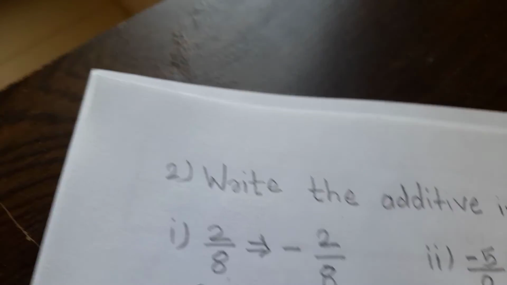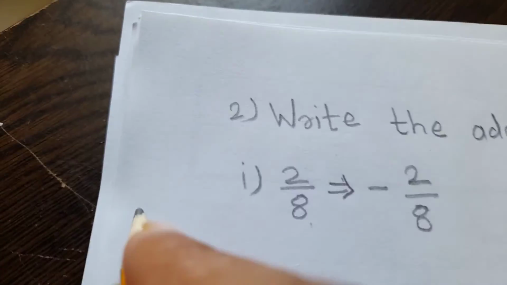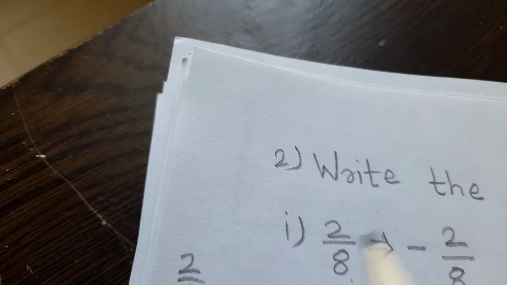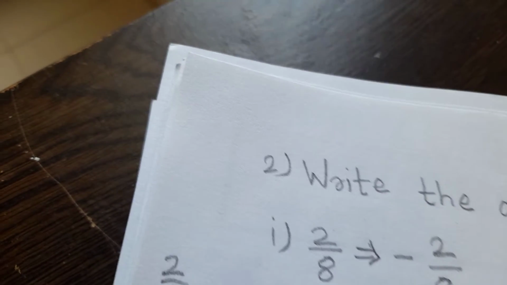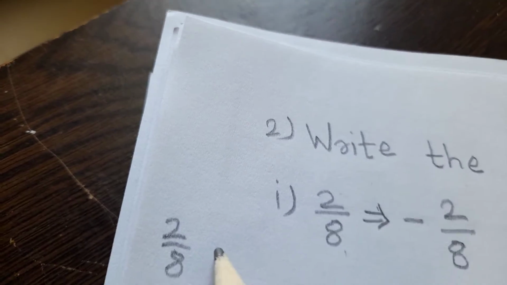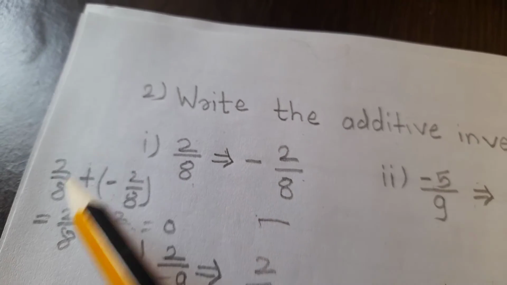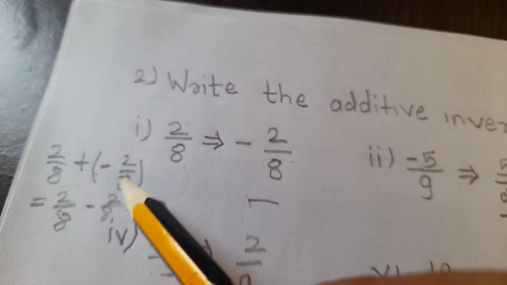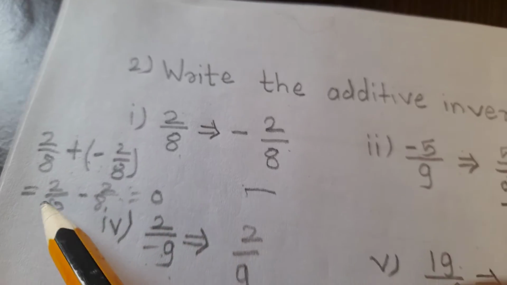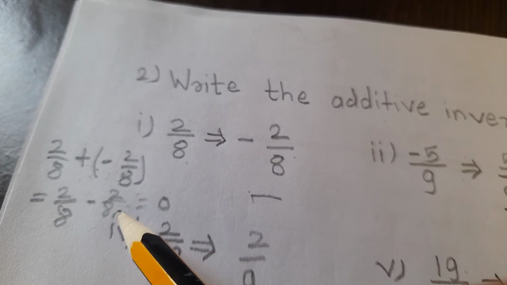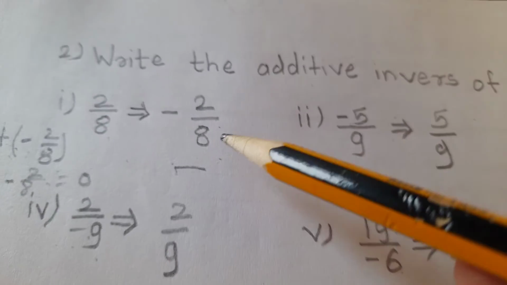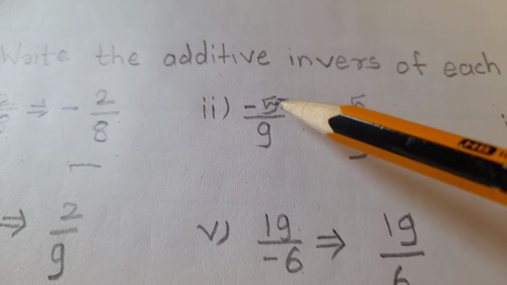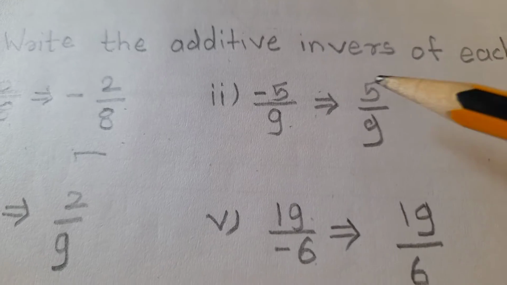Or if we simplify, the answer must become 0. 2 upon 8 plus minus 2 upon 8. We take the plus sign because it is the additive inverse. Then 2 upon 8 minus 2 upon 8, because plus minus minus is equal to 0. Hence proved.